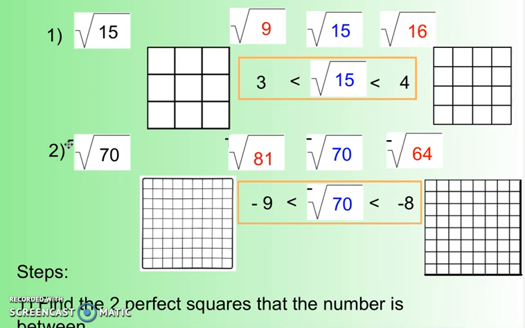So negative square root of 70? Well, that's quite small. Square root of 70, we're working with a two-digit number. It is further away from 0.